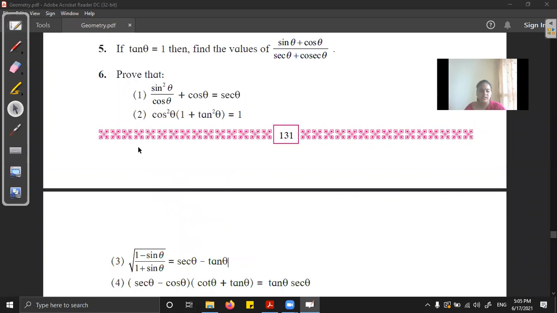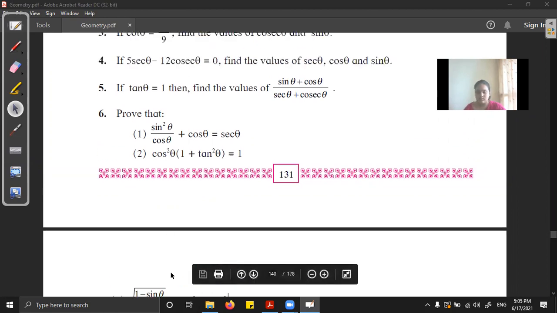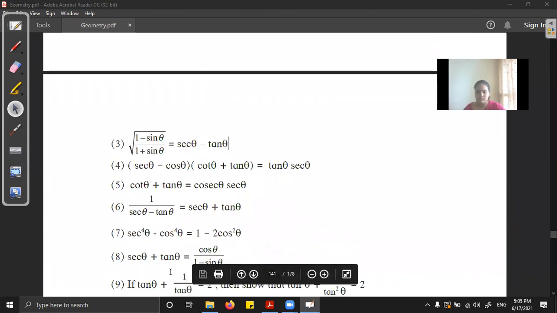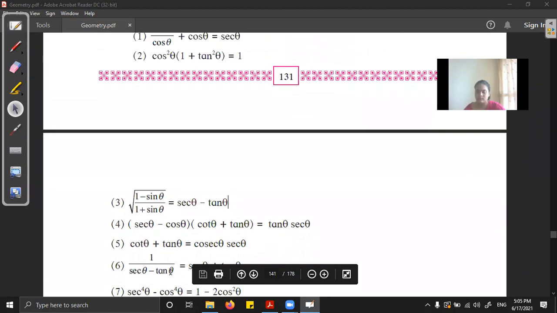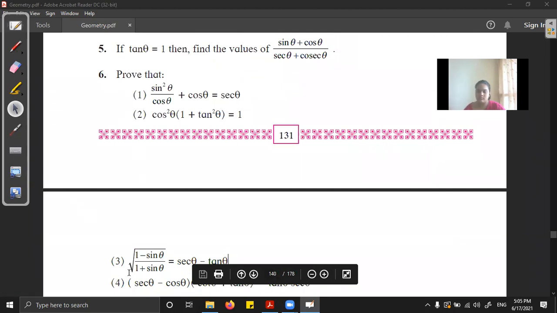Okay. So today we did 4, 5, 6, 7, and 8. And these sums also, 1, 2, 3. So 1 to 8, practice them again. Practice it all over again.